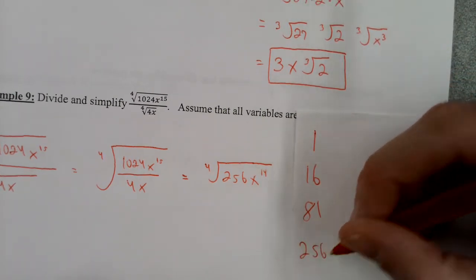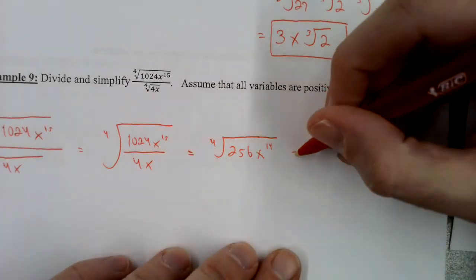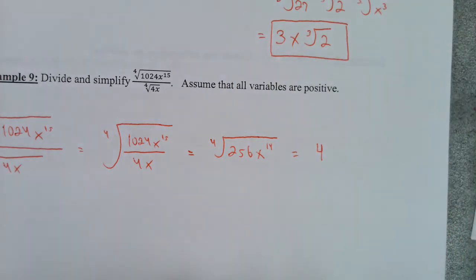So the fourth root of 256 is just 4, because 4 times 4 times 4 times 4 is 256. So if you think about it, this is going to become 4.